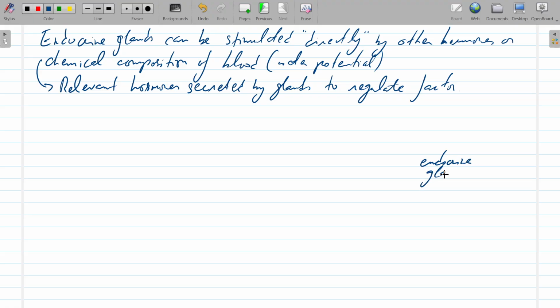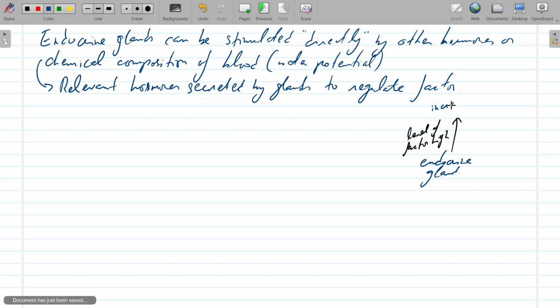So this is some endocrine gland, and what happens is that the level of a factor or a chemical is too high, and so a hormone, the hormone that's supposed to control it, to bring it down, will be secreted.